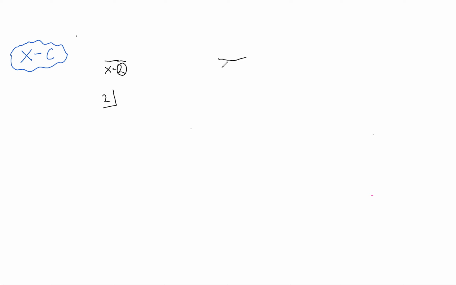If we're dividing by x plus 2, we can also write x plus 2 as x minus negative 2. And so this negative 2 is what we're going to be putting in our box to divide.